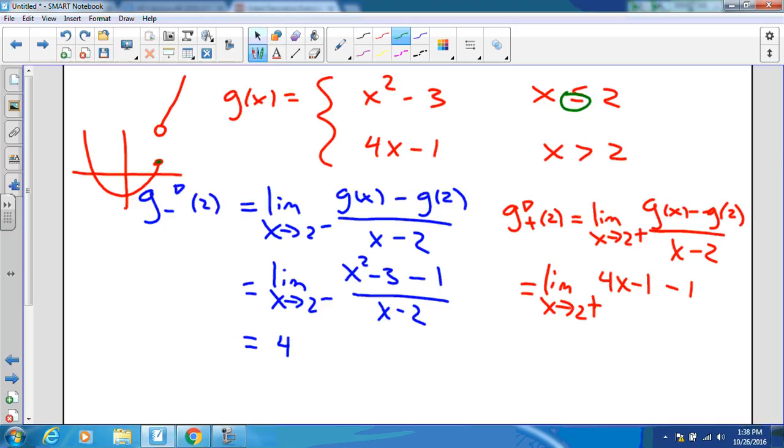And as a result, when I use g of 2, I have to use 1 in both cases, derivative from the left and the derivative from the right. It does not matter that g of x is 4x minus 1 for x is greater than 2. What matters is that g of 2 itself is 1. Does everybody see that? That's the place where students can sometimes mess up.